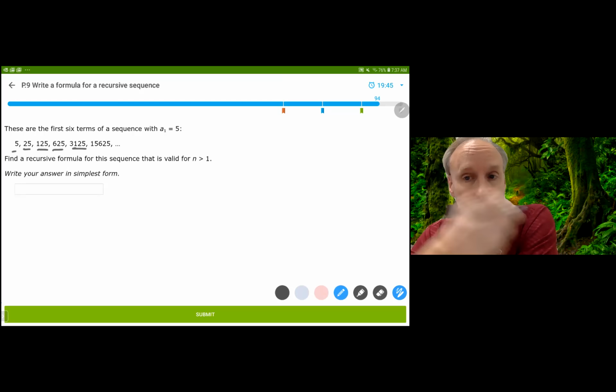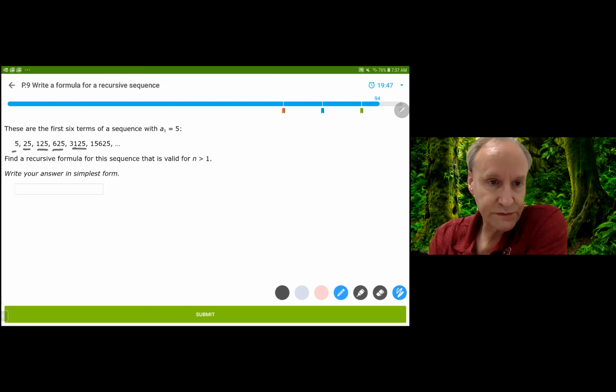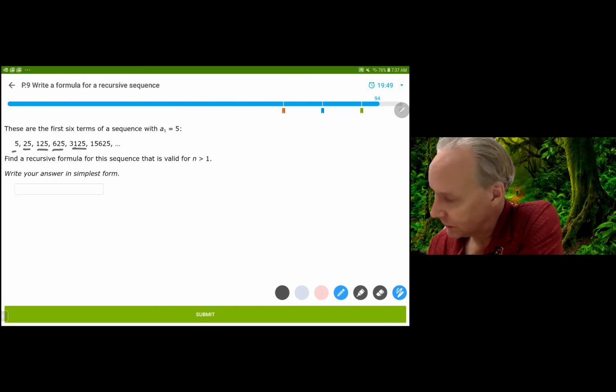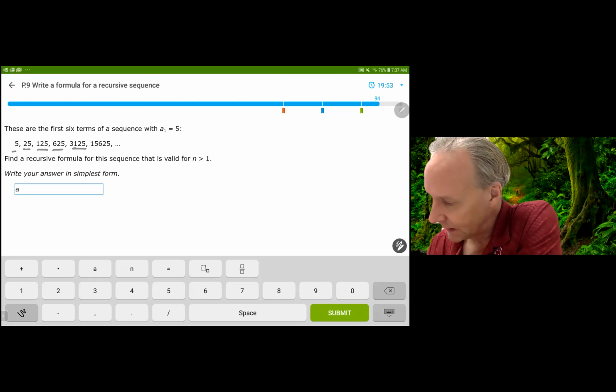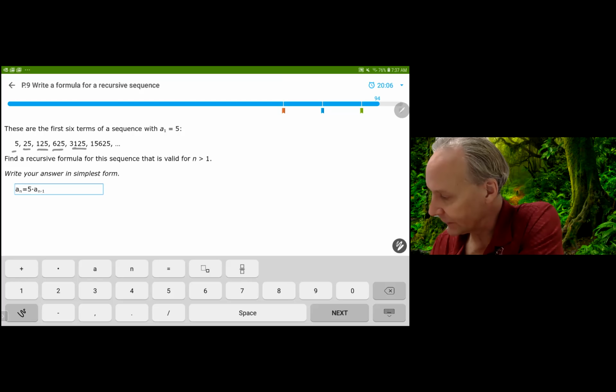Really nice to know your exponents, but we're just multiplying by 5. So we have a multiplier, and we're talking about a_n equals 5 times a_(n-1). There we go, multiplying by 5.